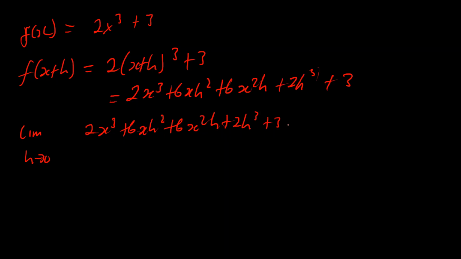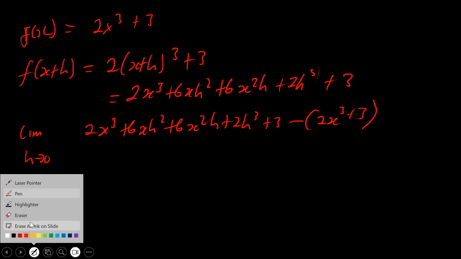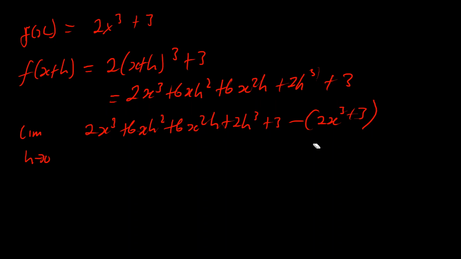Now, this minus the entire f of x. So minus f of x is 2x cubed plus 3. So, because of space, let me just apply the negative to each of the terms there. So minus 2x cubed minus 3.